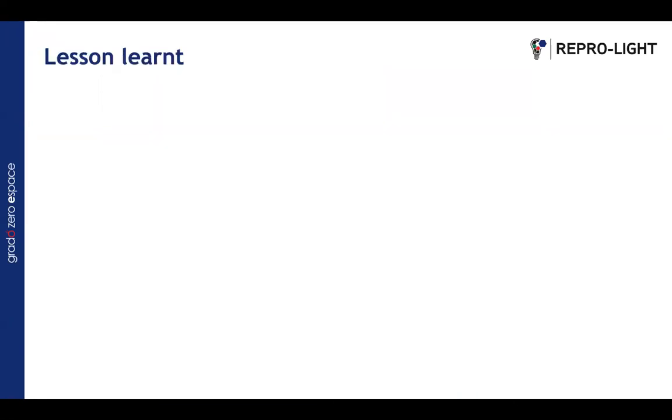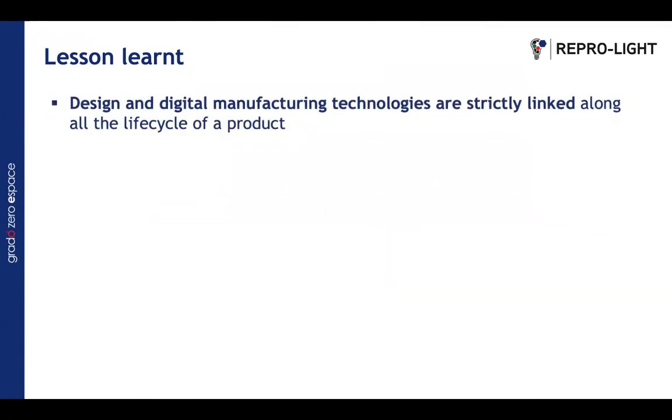The lesson learned by this presentation is divided into four main points. The first is that design and digital manufacturing technology are strictly linked along all the life cycle of a product.